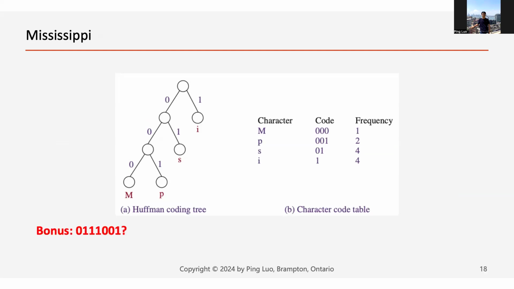Based on this, let's have one last bonus question. What do you think if I encode a few characters using this structure and obtain this binary code? What does that binary code represent? You can check this table. This binary code can correspond to 3 characters.